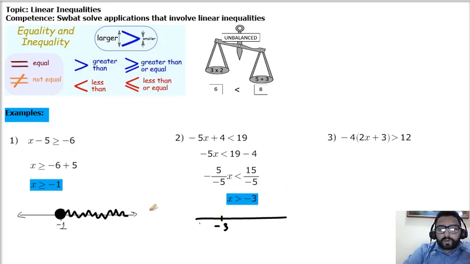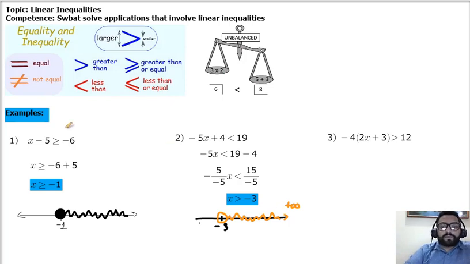And in this case we are going to write the circle open. Why open? Because we don't include the solution, or we don't have the line under. And then we take values to the right, until positive infinity, and we represent it with this symbol.